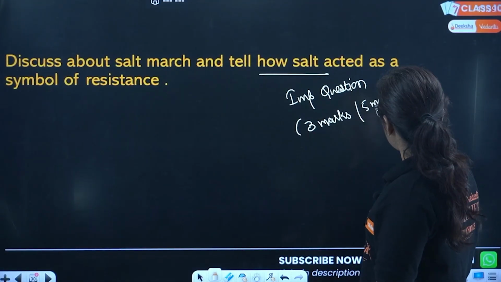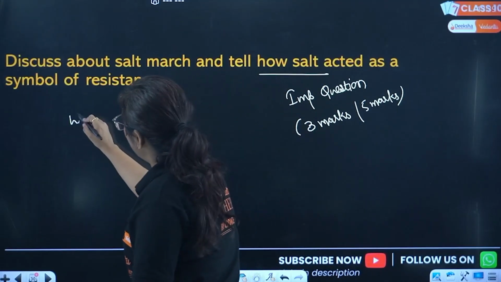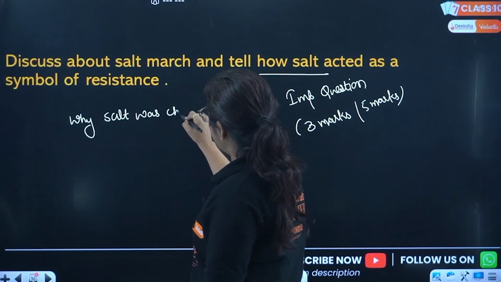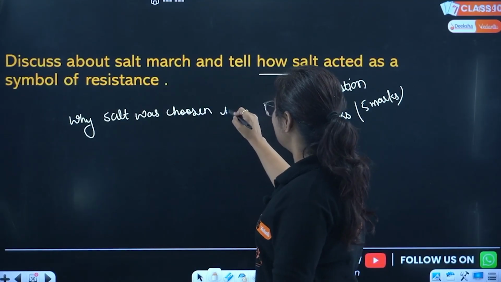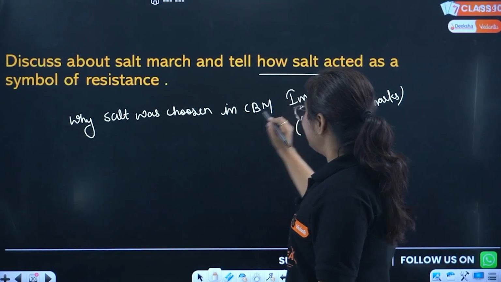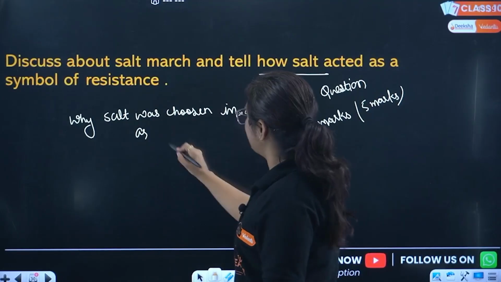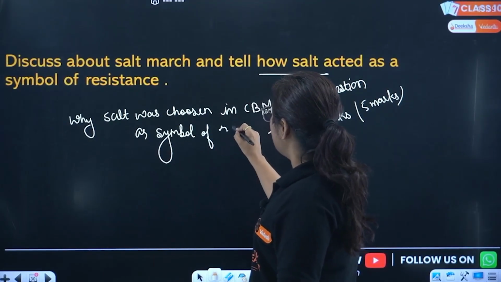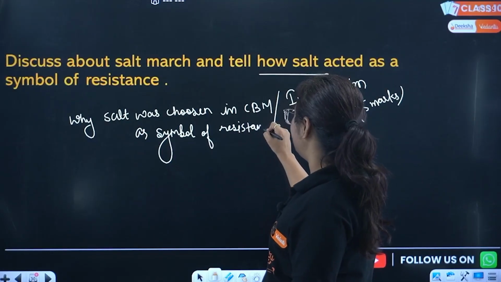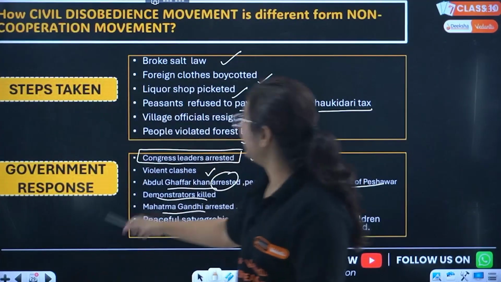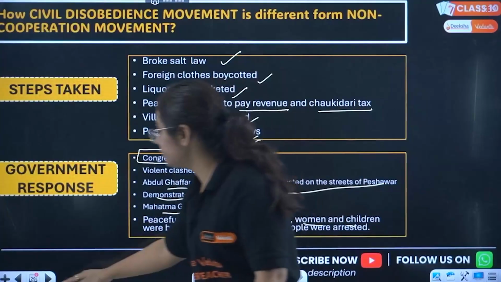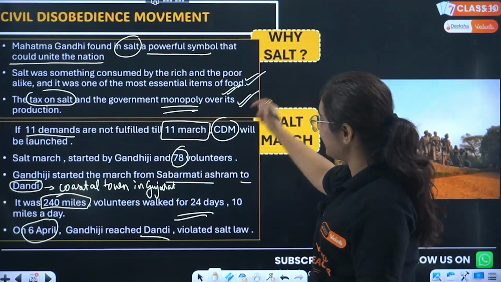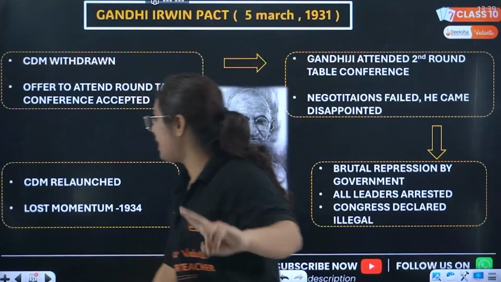Acha, one question can be separately asked to you: why was salt chosen in the civil disobedience movement, or they can ask it as a symbol of resistance. So here the exact reason is in the slide only: it was consumed by every individual, irrespective of whatever they are. And about the tax and monopoly, these are the 2 points which you have to write when the question is being asked.